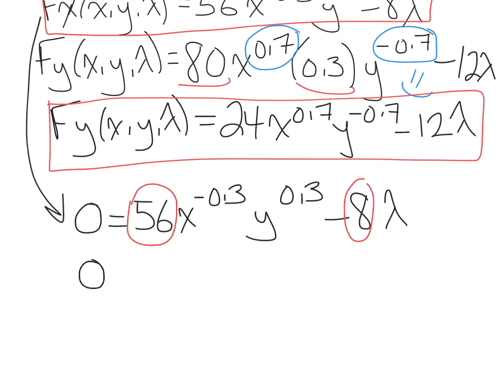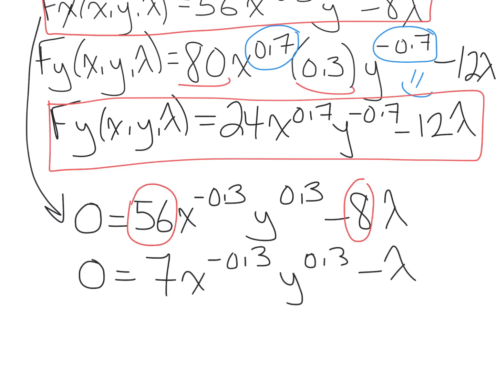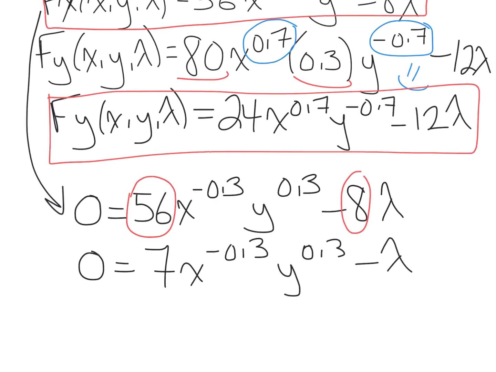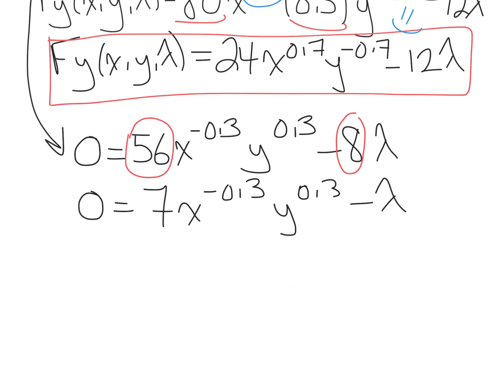So I have 0 is equal to 7x to the negative 0.3, y to the positive 0.3 minus lambda. So I divided the two terms by 8. Yes. Then I take the first derivative with respect to y.